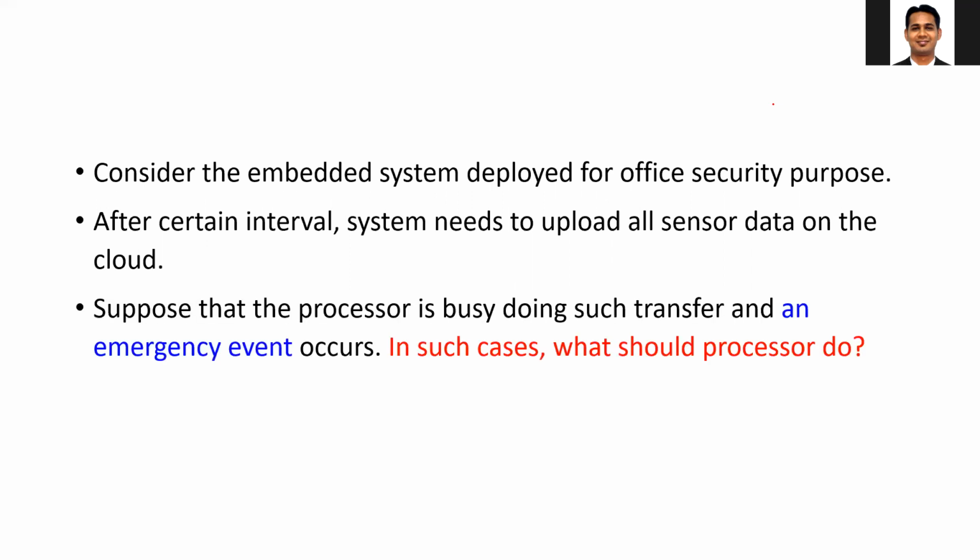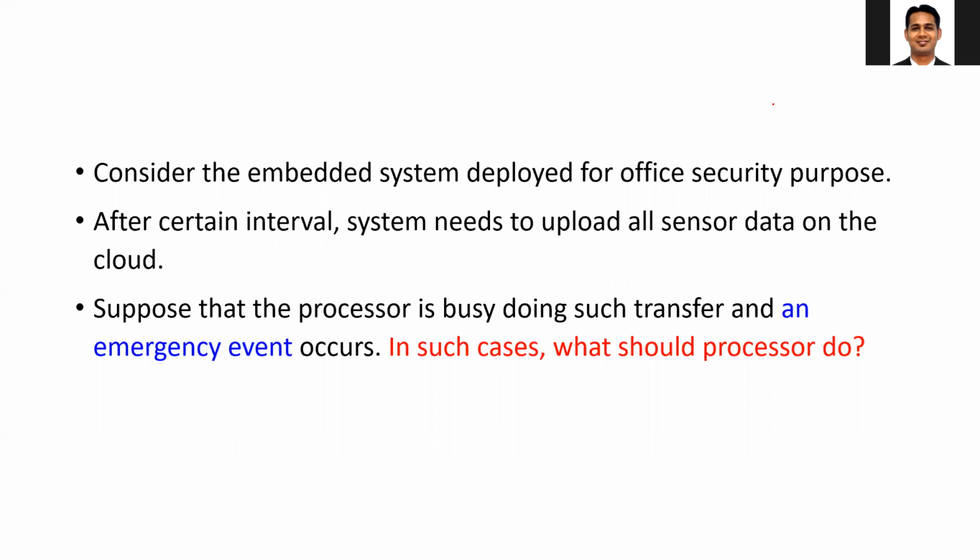Your processor is doing this task at the regular interval, so the processor is busy with this data transfer task. What will happen if an emergency event occurs during this task? Will the attention to the emergency event be given after completing the ongoing task, or does it need to be done immediately?